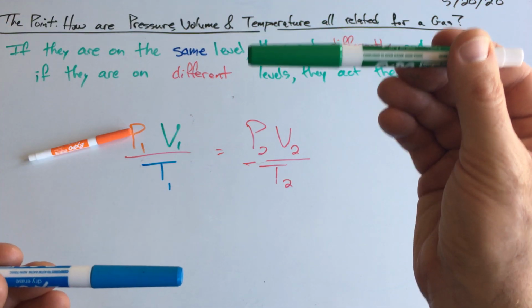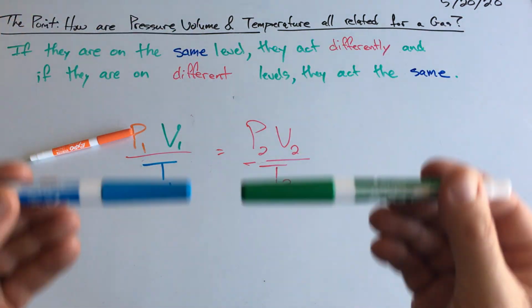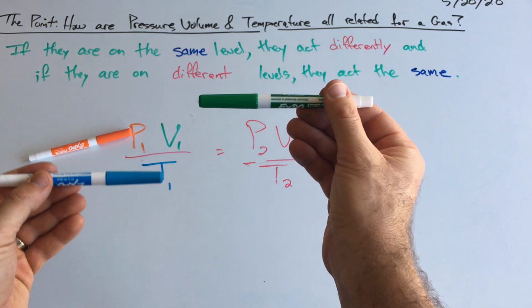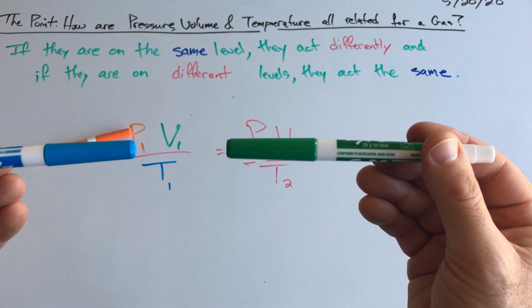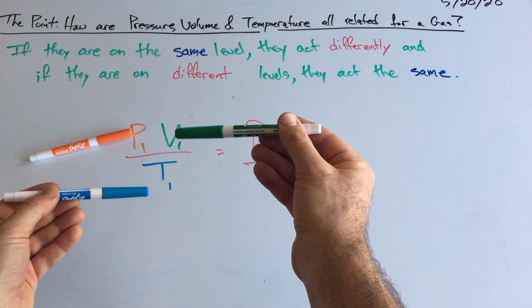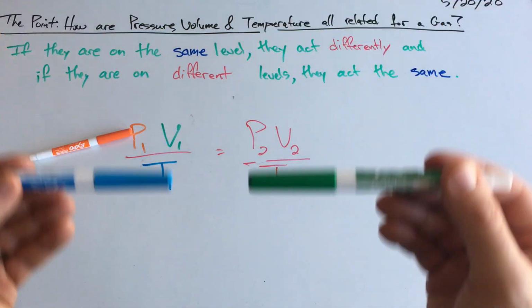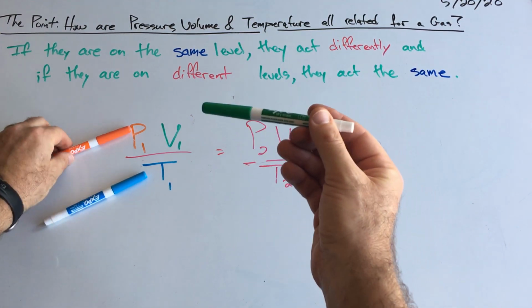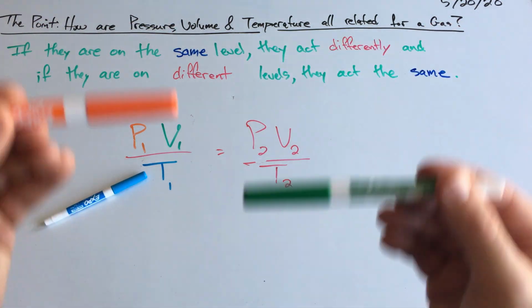If I decrease the temperature, the balloon's going to get smaller, right? So these, again, are in lockstep because they are on different levels. So if they're on different levels, one's on the top, one's on the bottom, they're going to act the same. If they're on the same level, then they act differently.